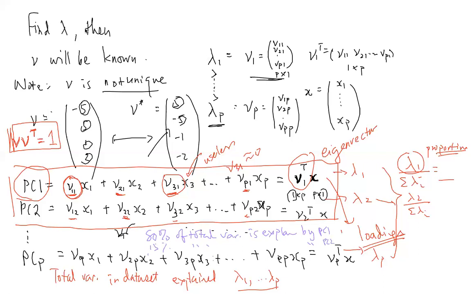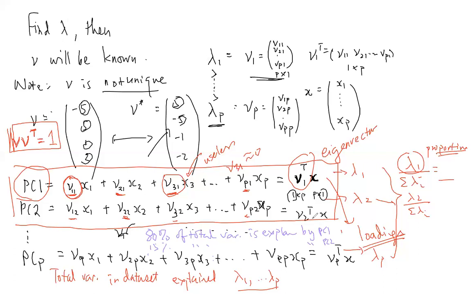This is very important. Why? When you have this proportion explained by the principal components, you can exercise your cutoff criteria, how much you want to sacrifice.